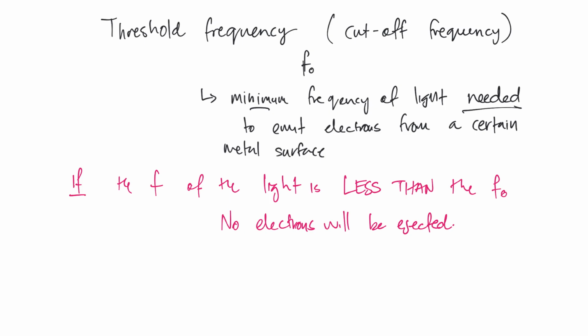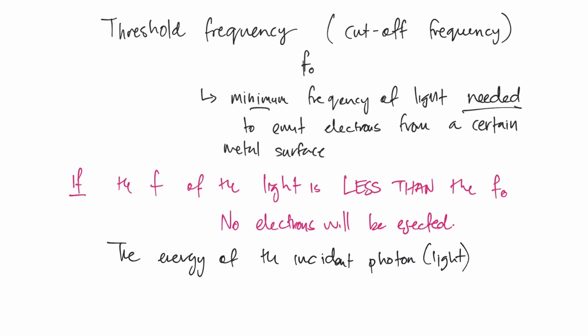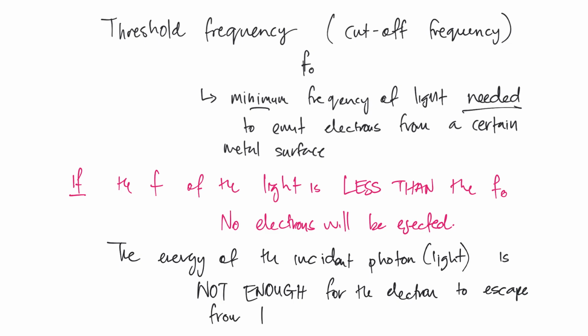That means that the energy of the incident photon, the incident photon means the kind of light that you shine, right, is not enough for the electron to escape from the metal. Right? So that is if it's less than.